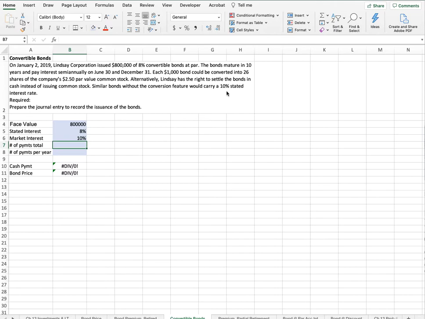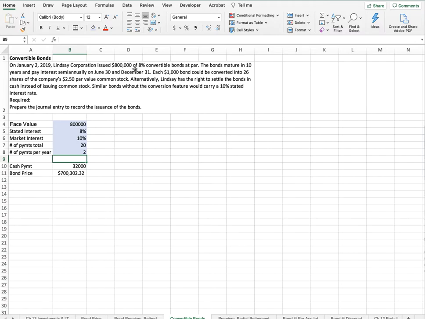Total payments, 20, because it's 10 years to maturity and it's semi-annual payments. So that gives us a bond price of $700,302. And the reason that I wanted to get that, it says that they're at par.